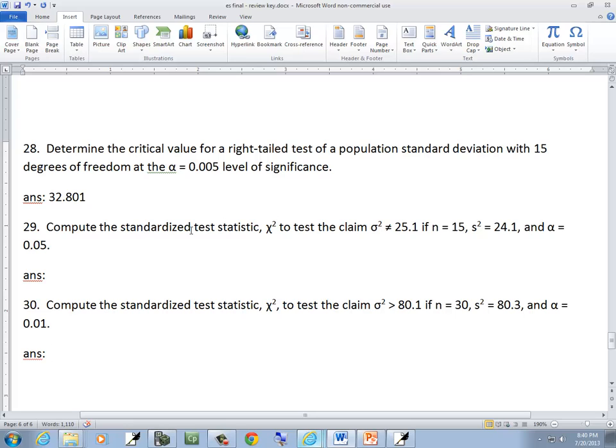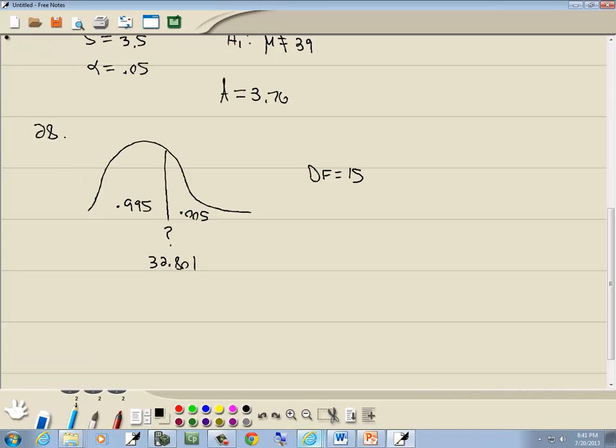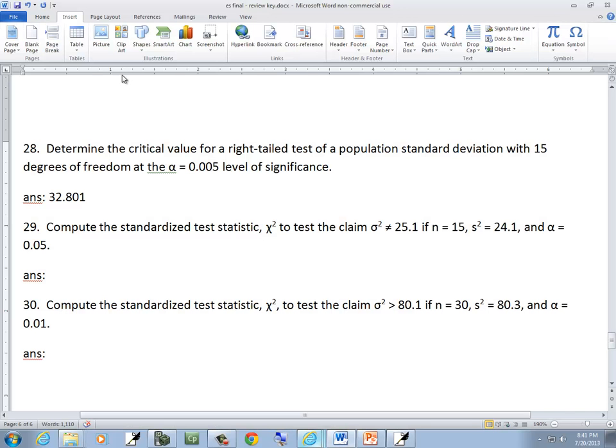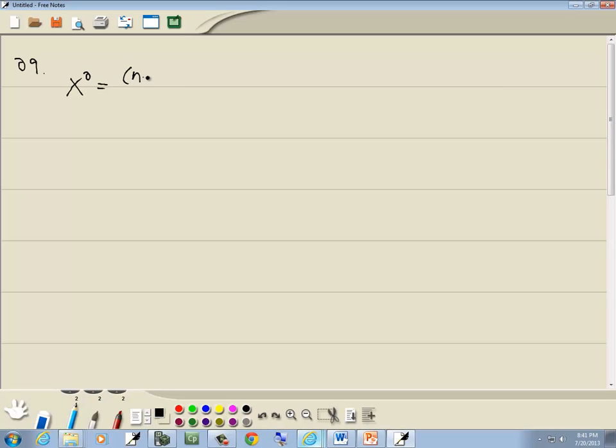Uh, 29. Compute the standardized test statistic chi-square to test a claim. I may have to look this one up. I'm kind of drawing a blank. Long day. The test statistic, let me try to guess it, then I'm going to look it up just to verify it. I think is n minus 1 times s squared over sigma squared, or sometimes this is referred to as sigma naught squared.